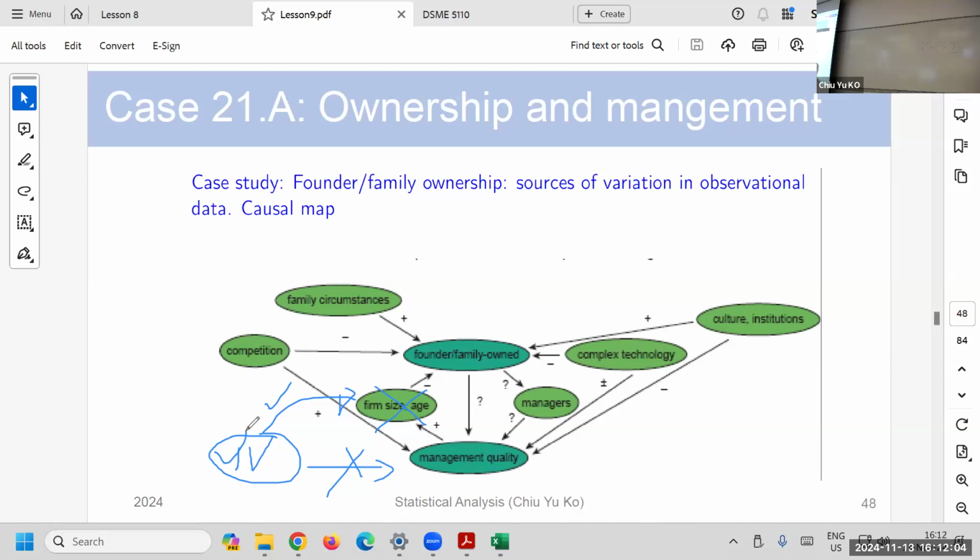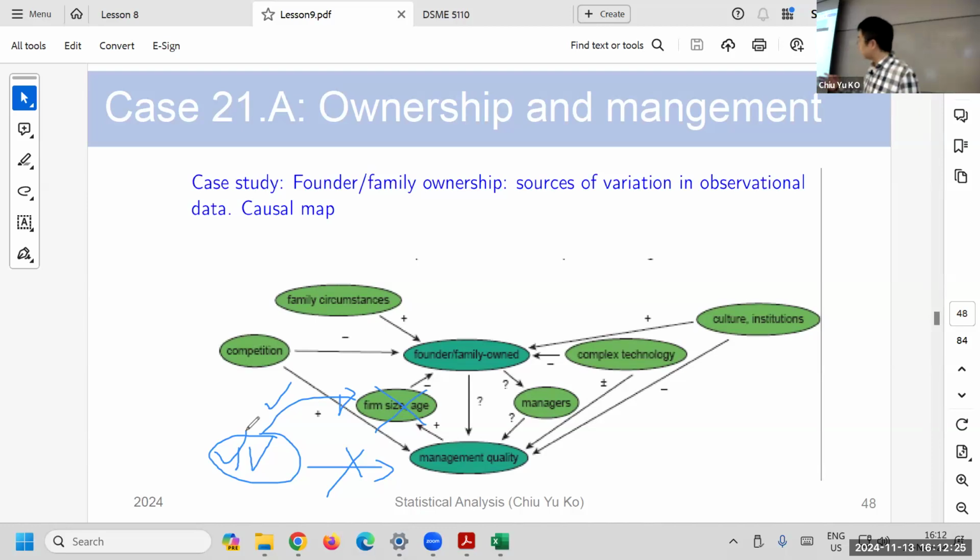In that case, you control for that, then we're done. You believe the money from the government doesn't affect the outcome directly, and that is how you do it. That's called the IV method, the instrumental variable.